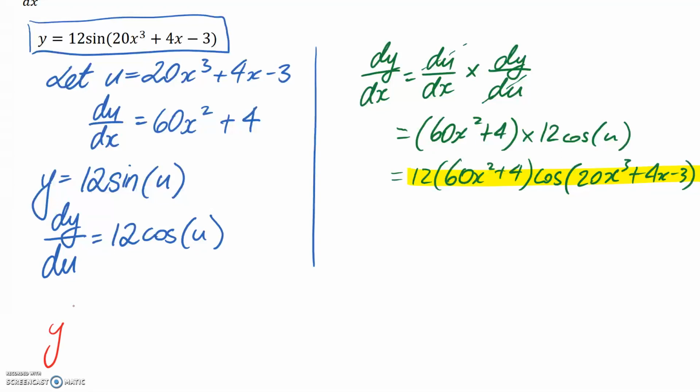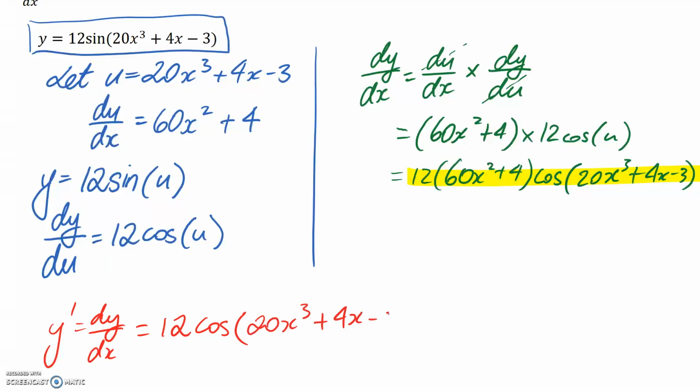So I'm going to get y dash, or the derivative dy dx, same thing, as being equal to, I keep the 12 out the front, I take the derivative of sine, so sine goes to cos, I write out whatever is in the bracket, so 20x cubed plus 4x minus 3, and then I need to multiply by the derivative of what's inside the bracket. So we're going to have 3 times 20, which gives us the 60, take 1 off the power, which leaves us with x squared, and we said this goes to 4, and this goes to 0.